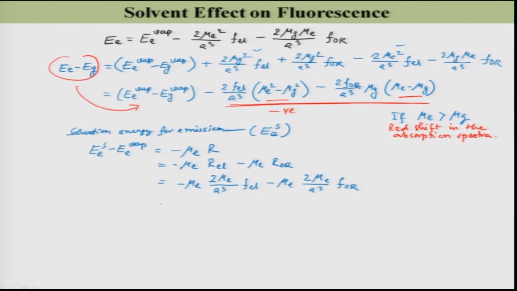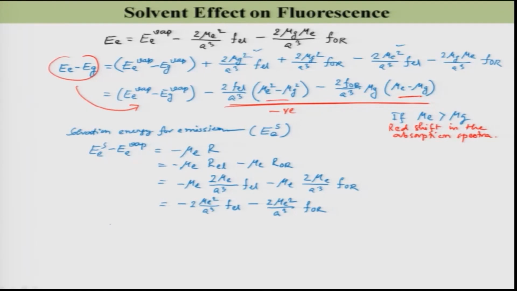So, this is equal to minus twice mu E square by A cube F EL minus twice mu E square by A cube F OR.